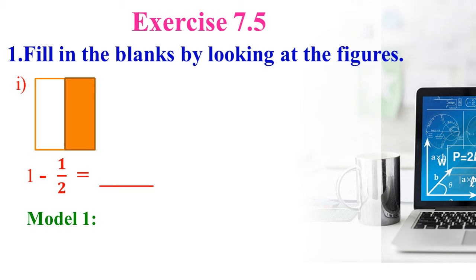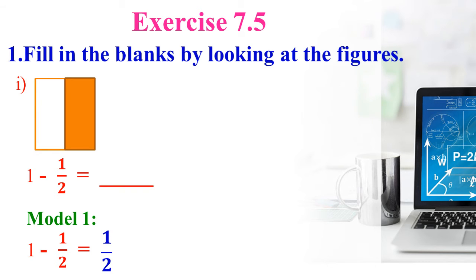The first model: 1 minus 1 by 2. Here the given number represents the whole part, and the shaded part is subtracted from it. So we can easily identify the answer as the unshaded part. So the answer is 1 by 2.